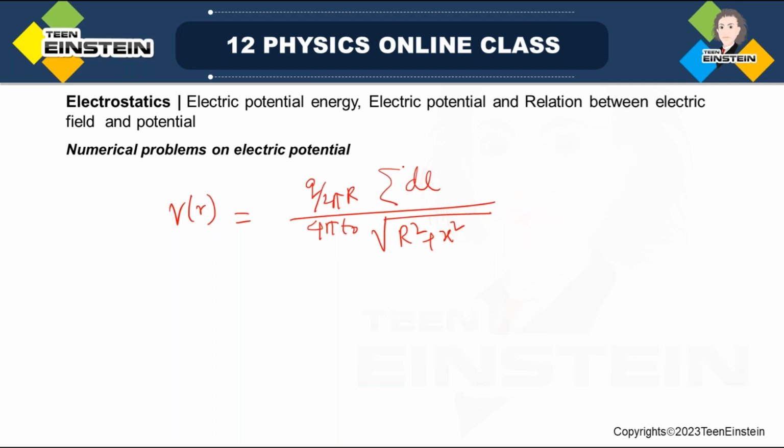Now this sum will be again 2 pi r, so the 2 pi r will be cancelled. So q by 4 pi epsilon naught square root of x square plus r square, whatever you say. So this will be the electric potential due to a ring.